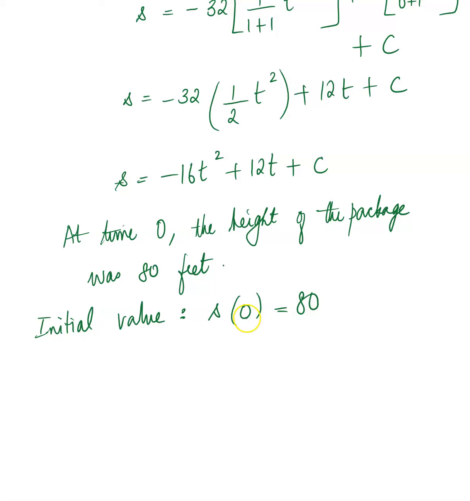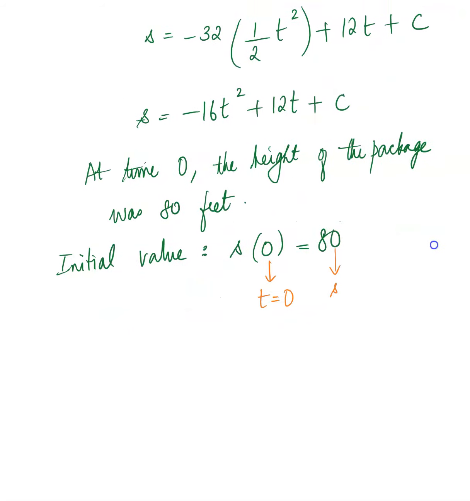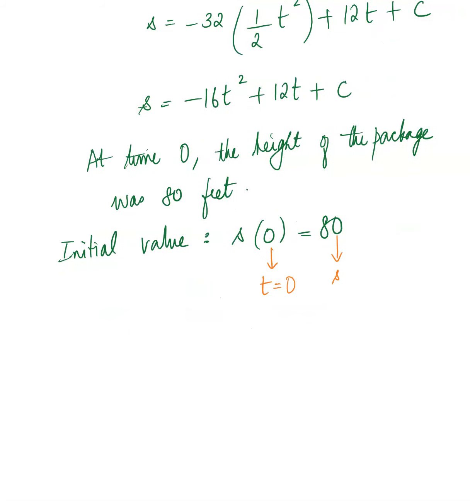And we can use that where t is 0 and s is 80. And back here, plug in s as 80 equals negative 16 times 0, that's 0, plus c. And what we have is that c equals 80.